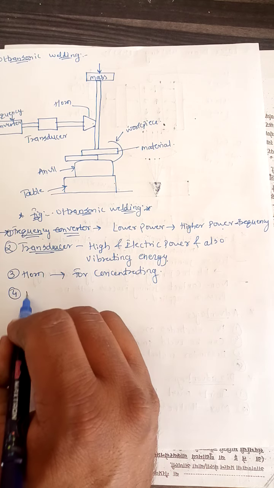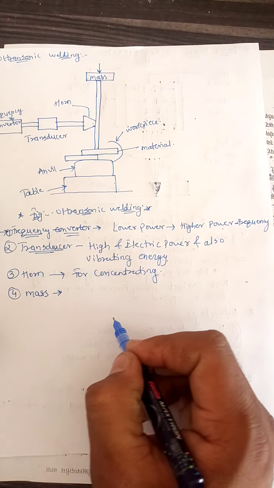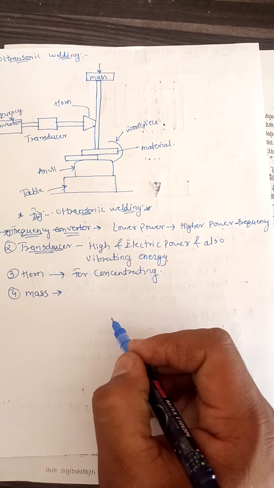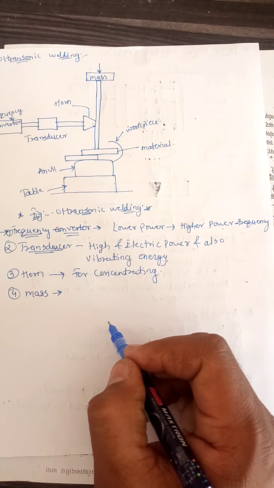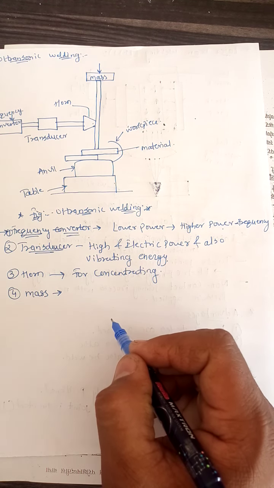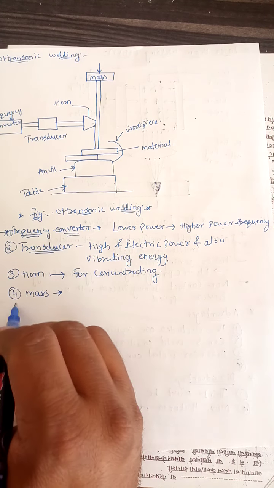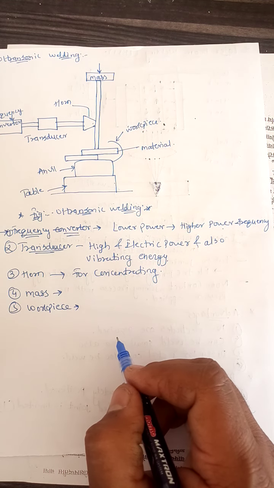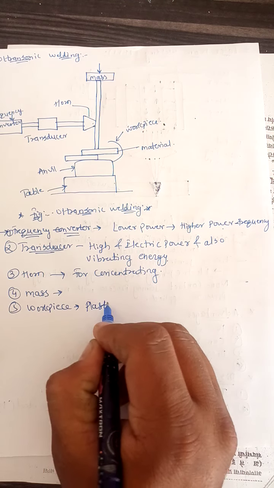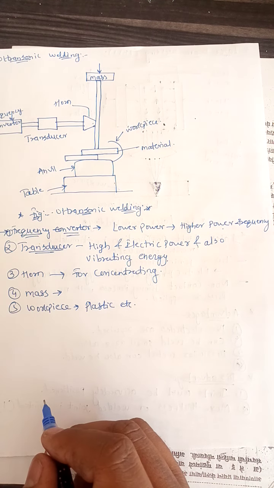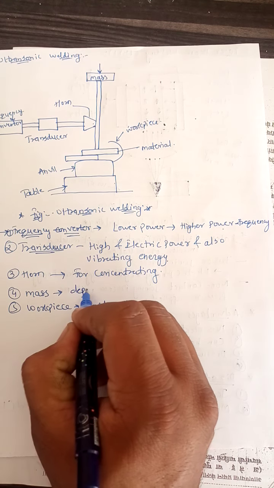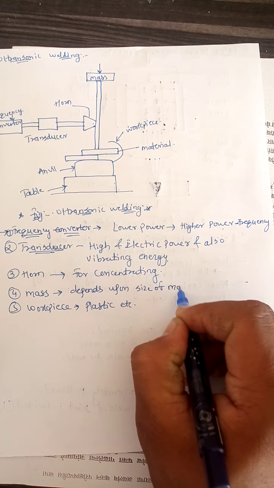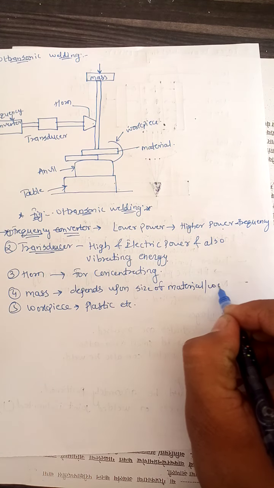The mass is used for the material which has a larger size, in the plastic material, so as to weld that material, so mass is required. Workpiece means what? It is like plastic, etc. And the mass depends upon the size of the material or workpiece.